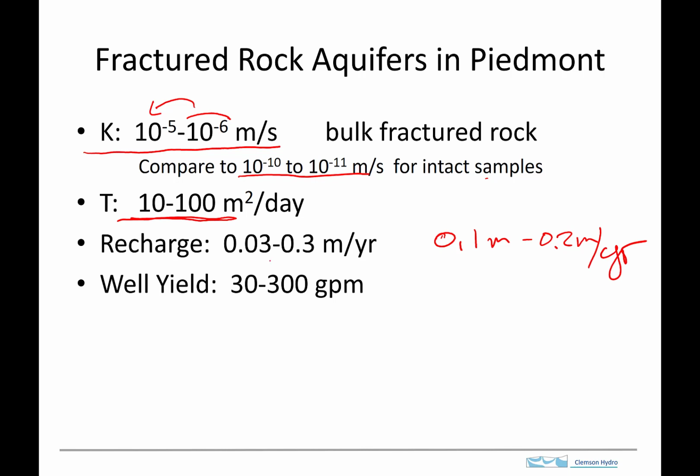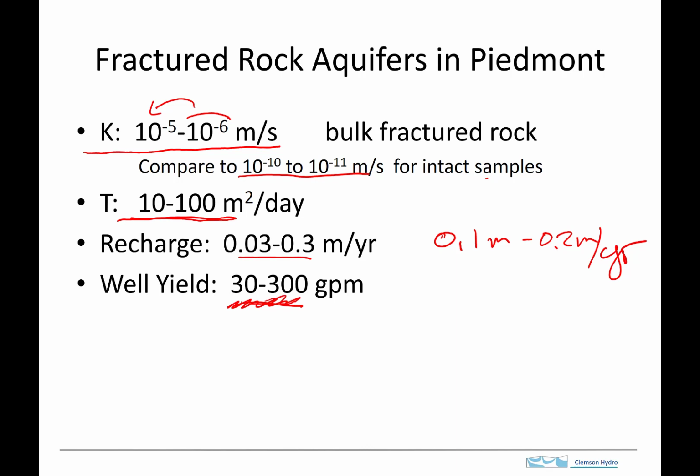And if we go over the whole Piedmont, we get a bit of a broader range. This well yield, this is from a USGS report, and this is probably an estimate of the well yield in an area. This would be the high end of the well yield.